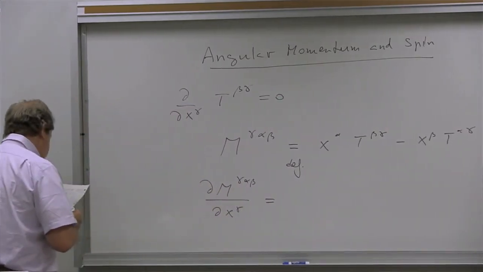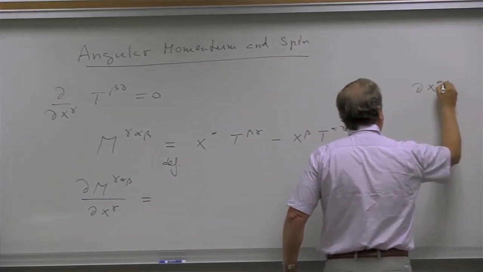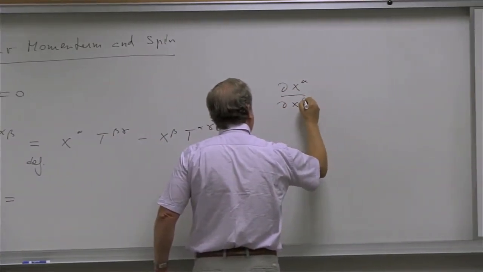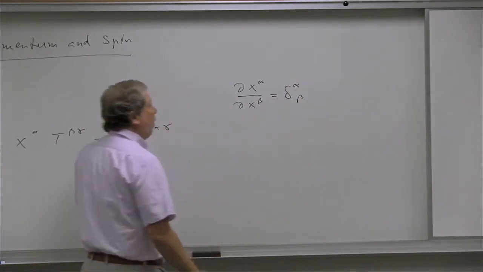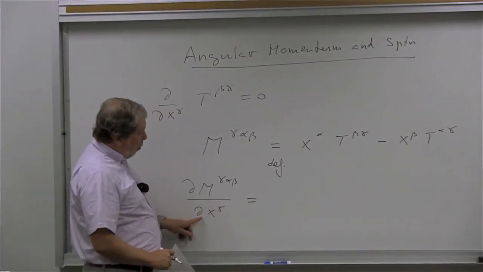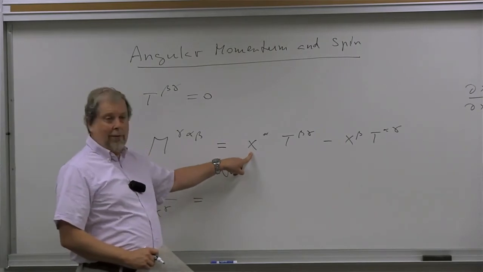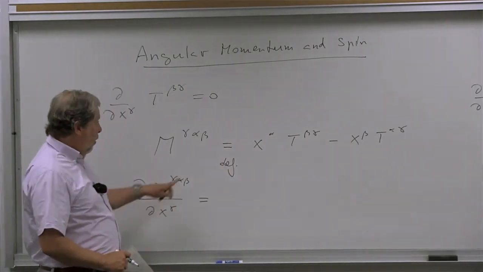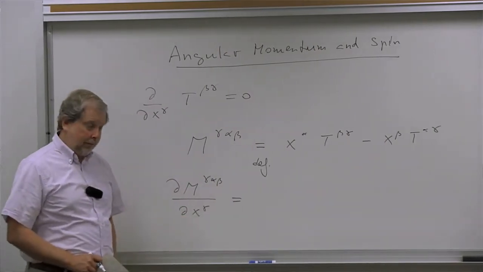We want to realize that dx alpha by dx beta is equal to delta alpha beta. If you take the derivative of one coordinate with respect to the other, you get a Kronecker delta. So there's a coordinate right here, and when we take the derivative of this coordinate, we get the Kronecker delta alpha gamma.